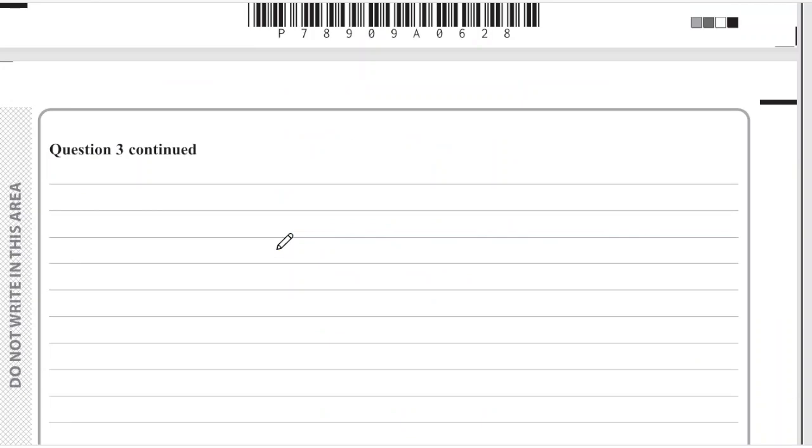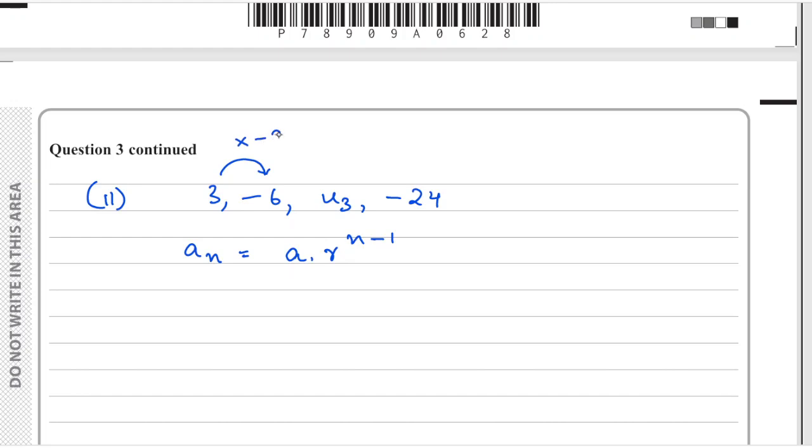Now let us try the same, to see if it is possible to express it as a geometric sequence. For a geometric sequence we know that the nth term is equal to the first term multiplied by the common ratio to the power n minus 1. The common ratio is the term which we multiply the first term by to get the next term.